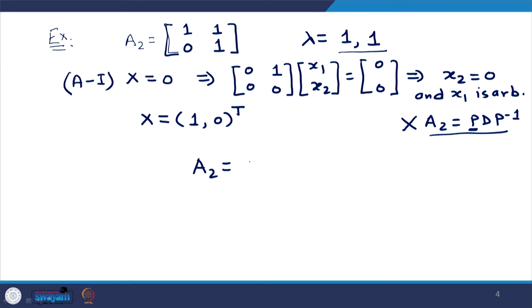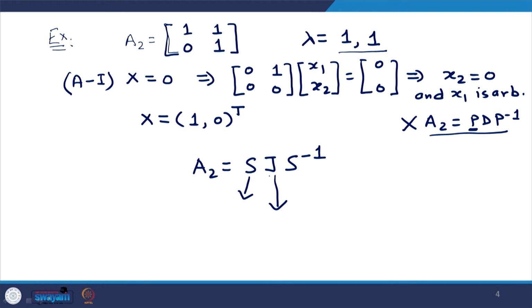We write A2 equals S J S inverse, where S is again a matrix coming from the eigenvectors and generalized eigenvectors of A2, while J is the Jordan canonical form of the matrix A2.